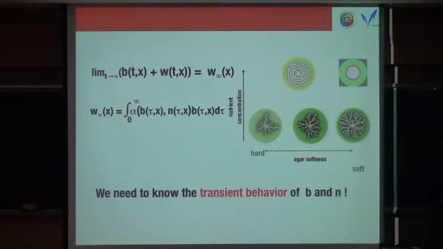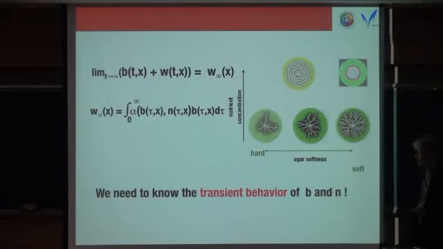The question is, how can we prove this kind of very diverse colonial patterns? This is not easy, because look at this equation. In order to know W infinity of X, we have to know almost the whole interval of B, N in time.